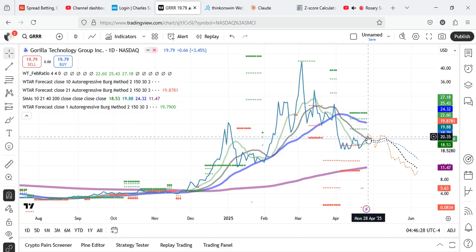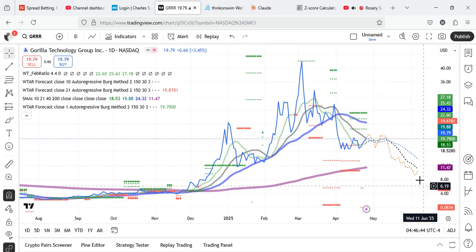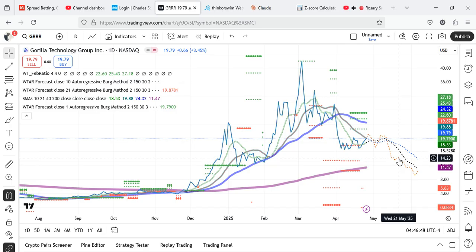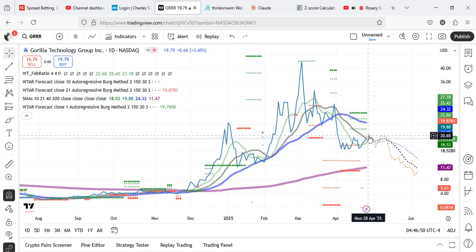But regardless, maybe going by the fundamentals, a lot of things, and also going by the broader market economic conditions, this may have governed these bearish extrapolations on the price itself, the 10 and 21 day moving averages.